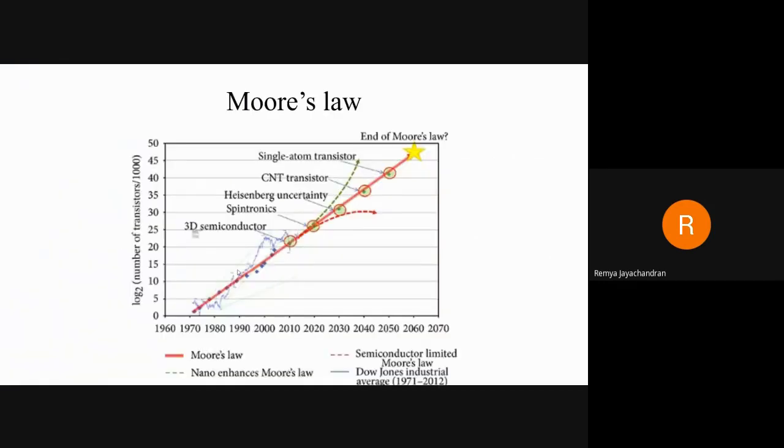And this is the graphical representation of Moore's law. The semiconductor industry is following this Moore's law, and up to 2000, the increase in the transistor count followed Moore's law.